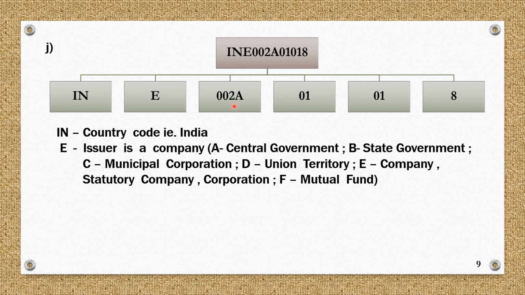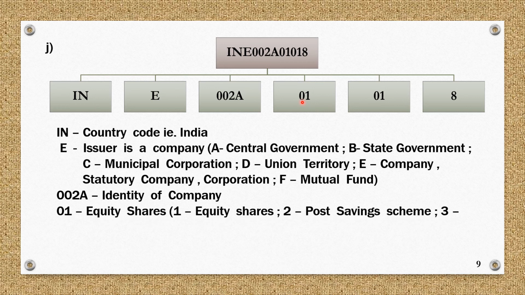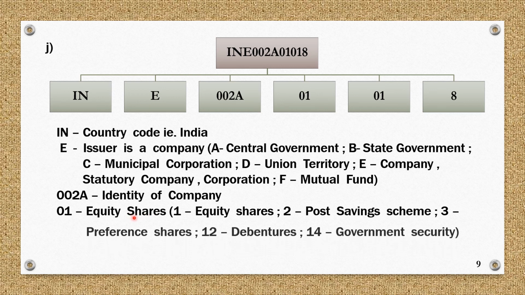Now, the next is 002A. 002A represents the identity of a company. Further, the first 01 represents that the company has issued equity shares.